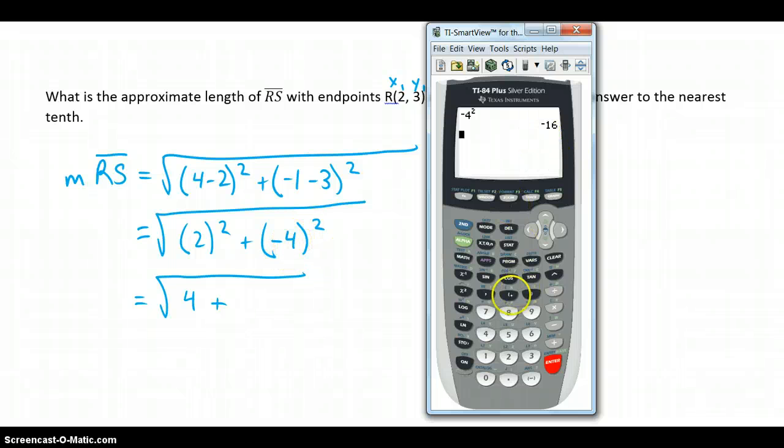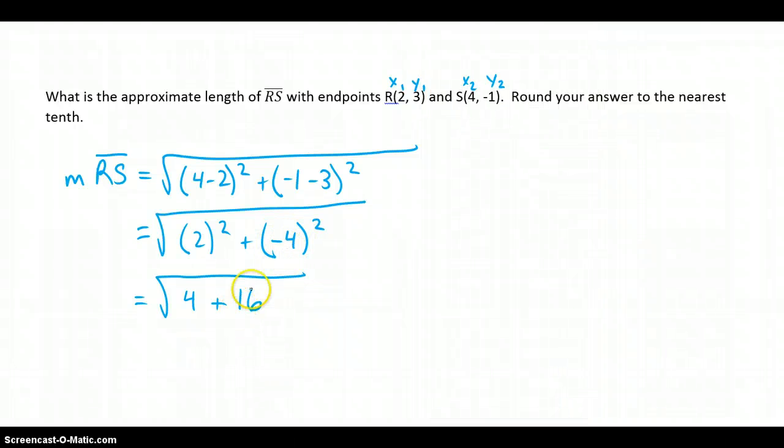So to make sure that I type it into my calculator correctly, I'm going to put negative 4 in parentheses and then raise it to the second power. Anytime I square a negative number, my answer should be positive. Both of these numbers, when you use the distance formula, should be positive.